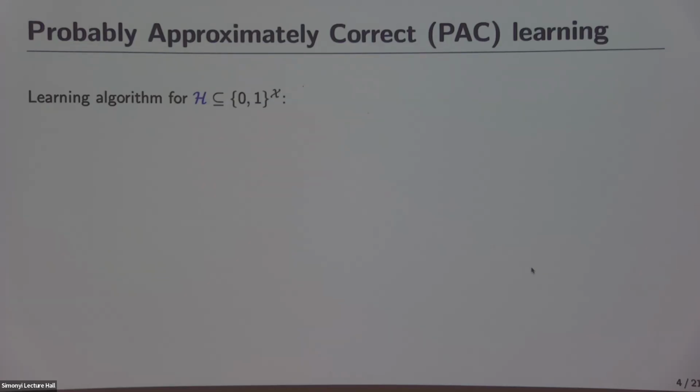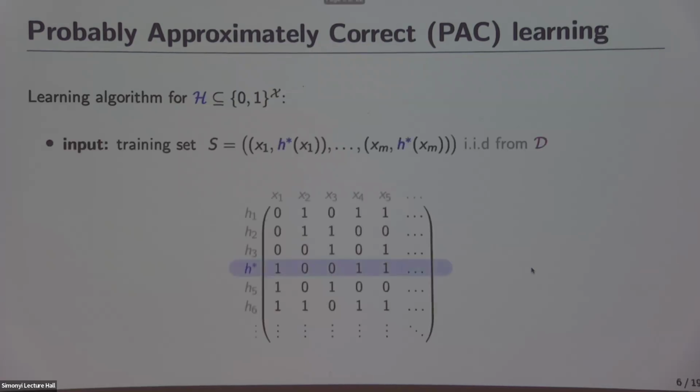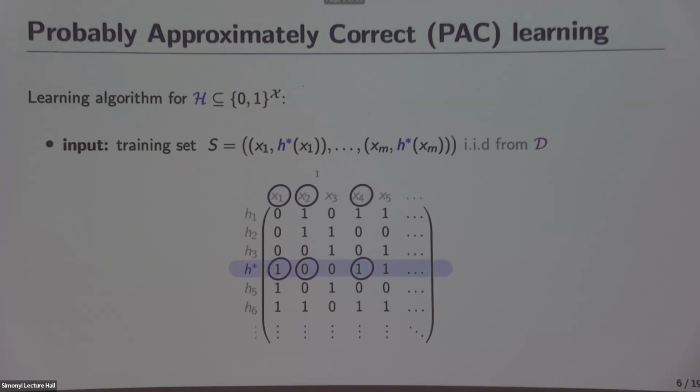And to describe what it means for an algorithm to learn, I'll describe the input and output of this problem. The input is a training set S of M data points, sampled IID from some distribution D over the columns of this matrix that is unknown to the learner, and labeled by some function H star, which is some row in this matrix that is also unknown to the learner. So essentially the learner only gets to observe a bunch of these columns and their labels.